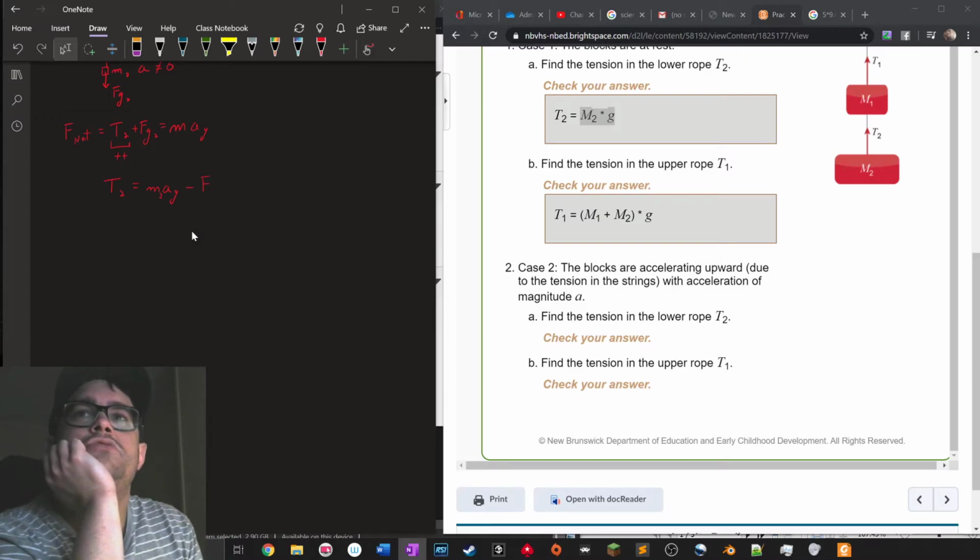Minus FG2. T2 will be M2·AY, or just A. FG2 will be M2·G.